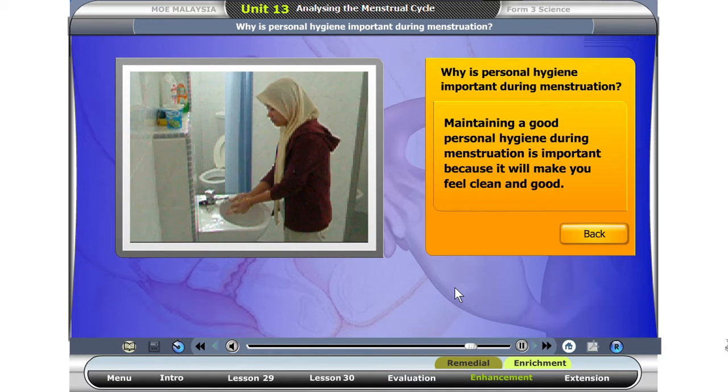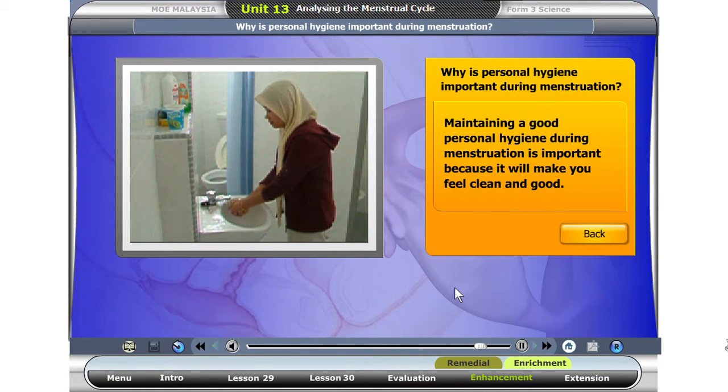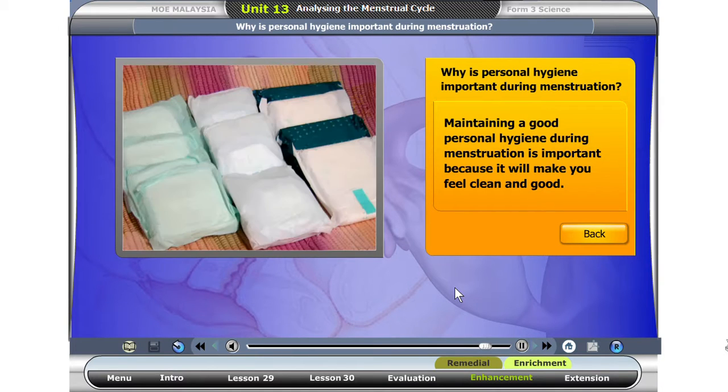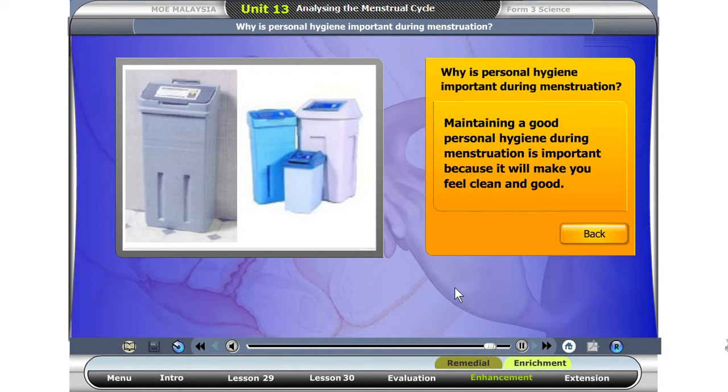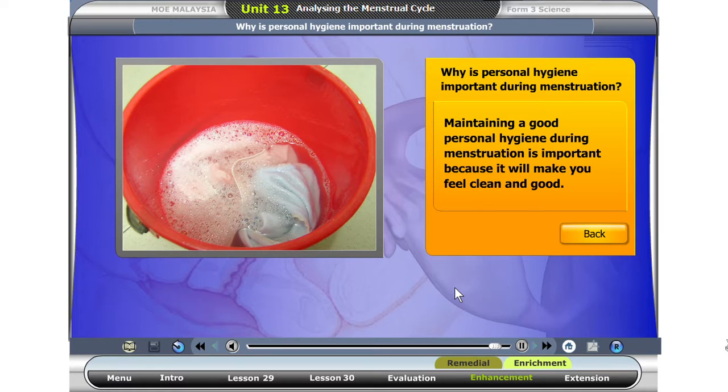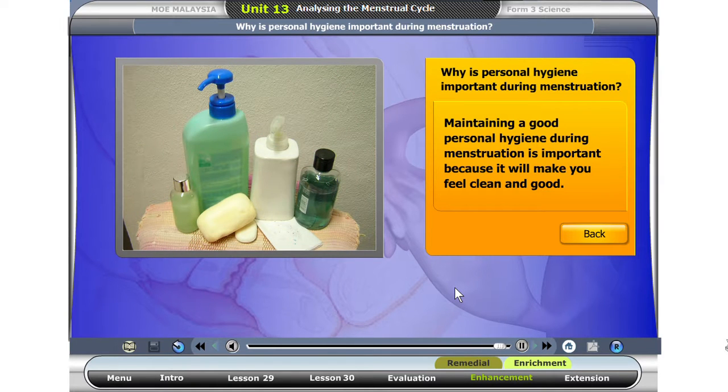Why is personal hygiene important during menstruation? Maintaining a good personal hygiene during menstruation is important because it will make you feel clean and good.